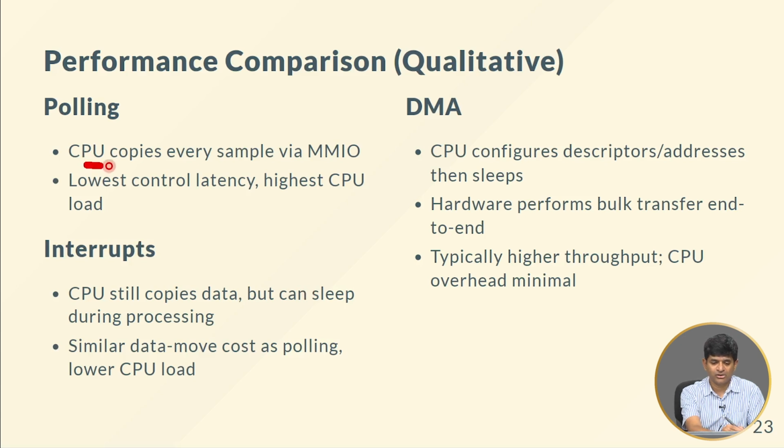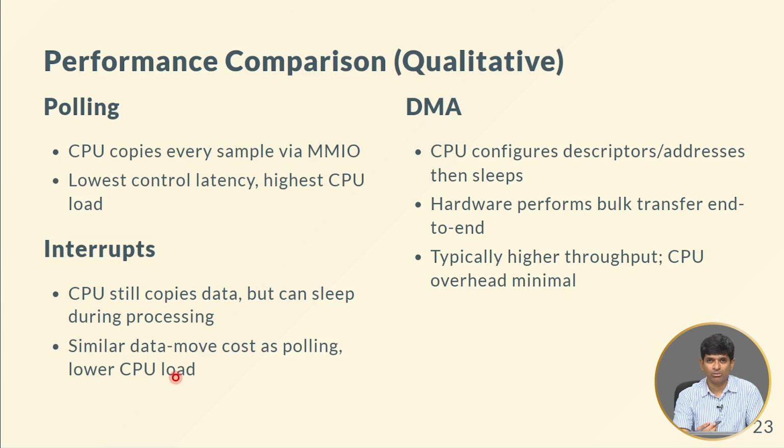With polling, not only do I transfer all the data, I then need to sit and poll and wait for the FIR filter to complete. Whereas here I could say, okay, copy a chunk of data and then go to sleep. The IRQ will wake you up once the FIR filter is done. So the data move cost itself is the same, I haven't really solved that problem, but potentially the CPU load is less because I don't need to sit there waiting for the filter to complete.